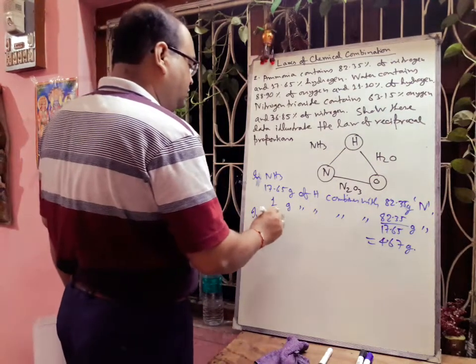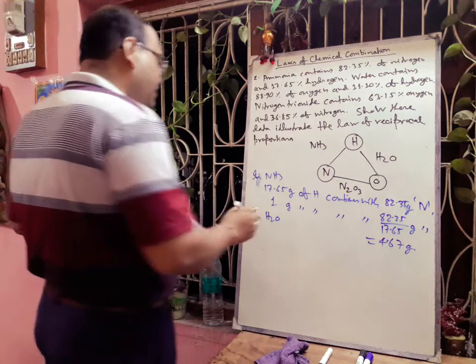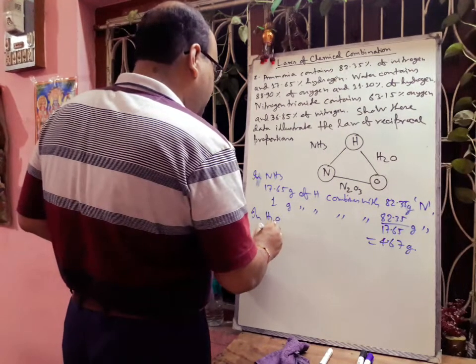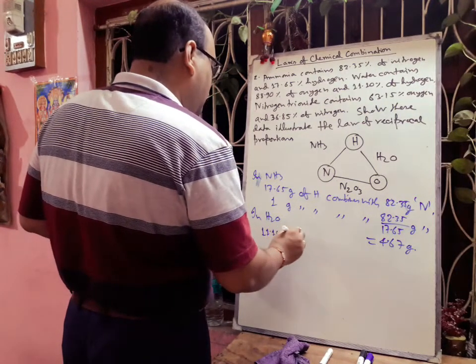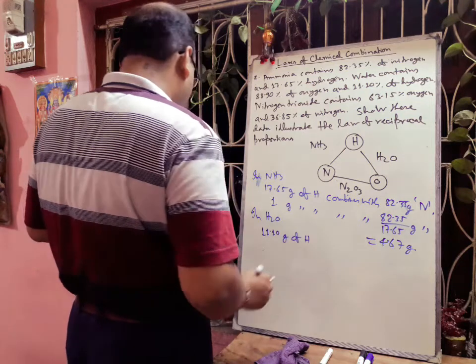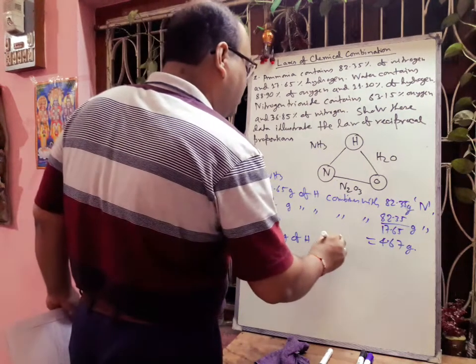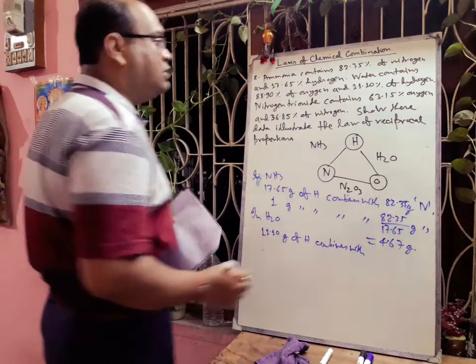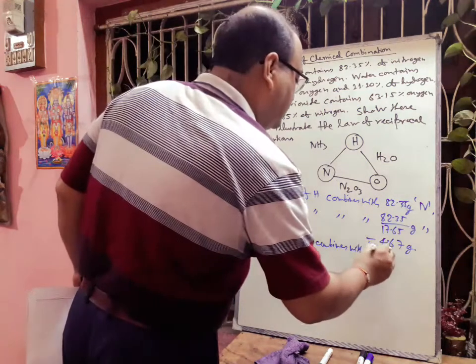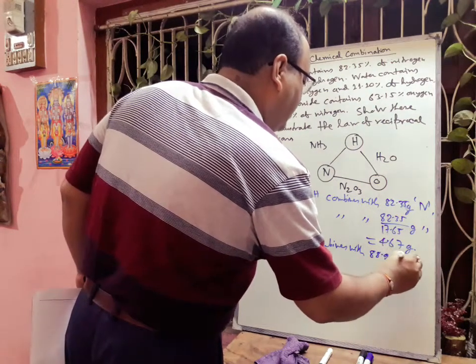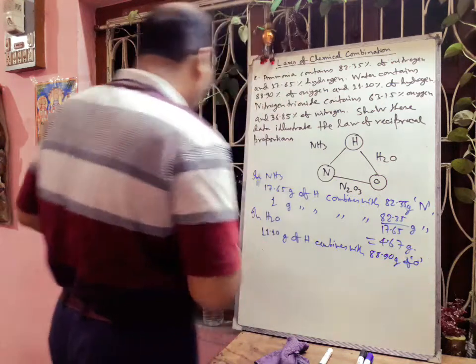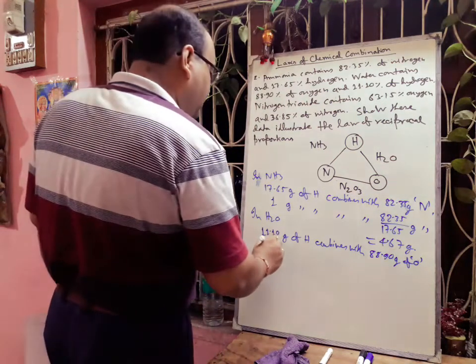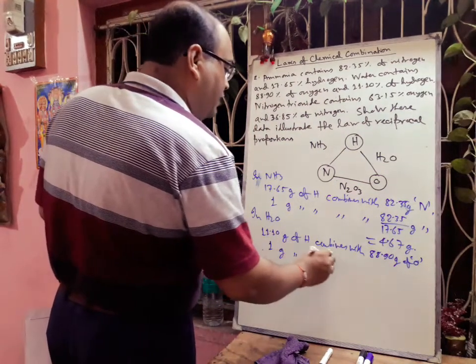Now in case of water, 11.10 gram of hydrogen combines with 88.90 gram of oxygen. So here also we calculate how many gram of oxygen 1 gram of hydrogen combines with.